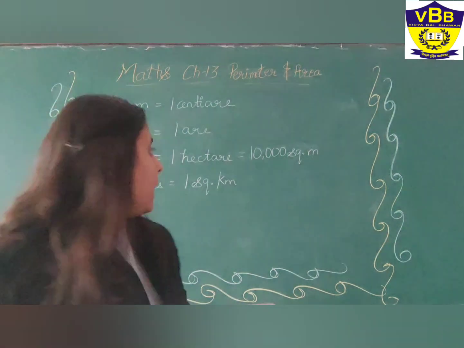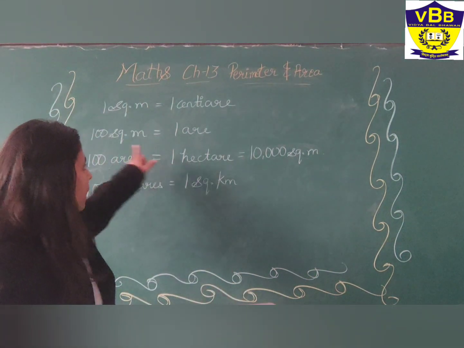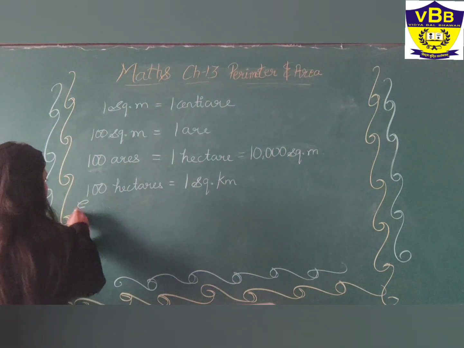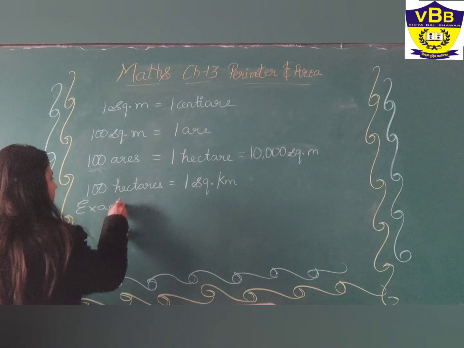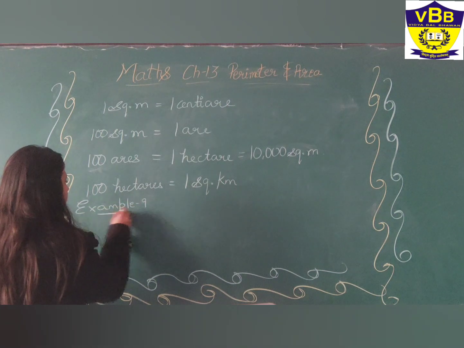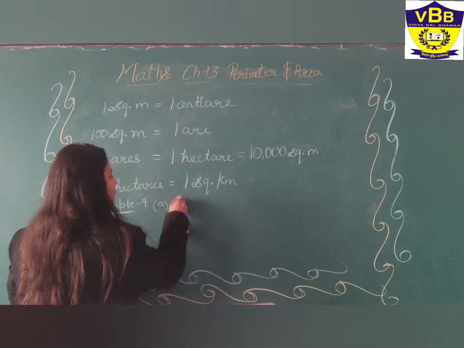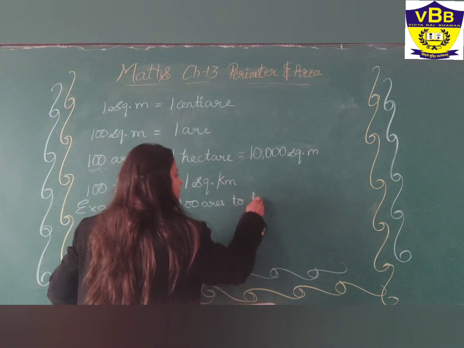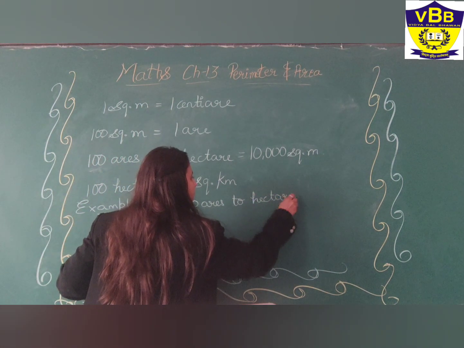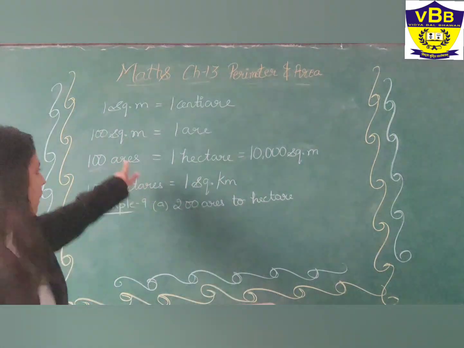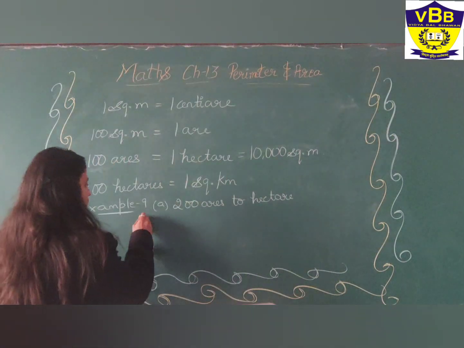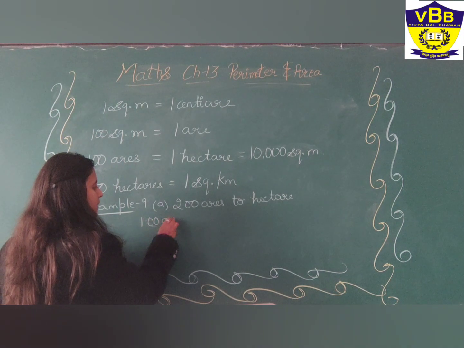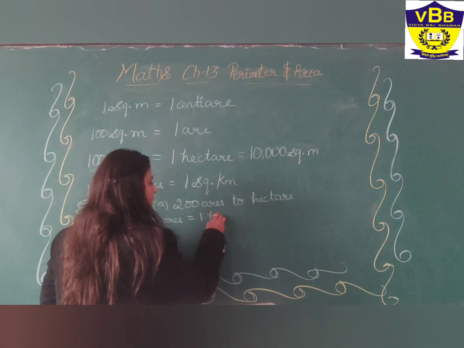We have just seen 100 acres has 1 hectare. So we will write 100 acres is equal to 1 hectare.